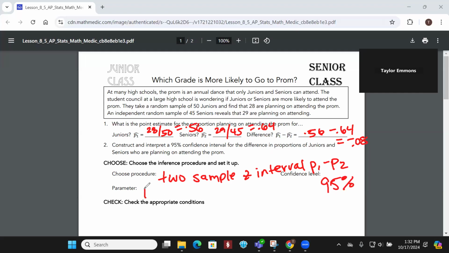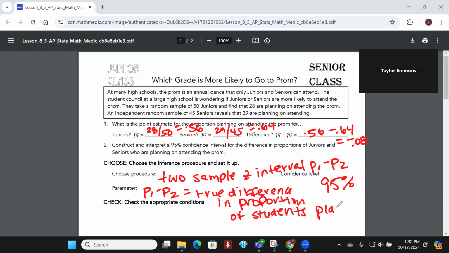Our parameter is P1 minus P2, and this is going to be the true difference in proportion of students planning to attend prom, the juniors minus the seniors. All right, now we're going to check.